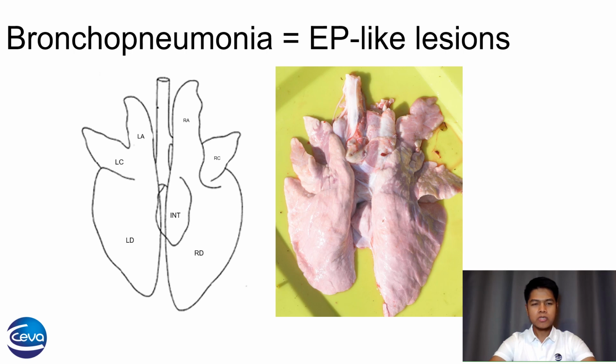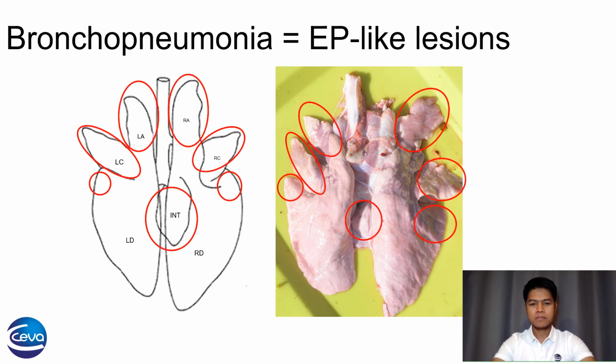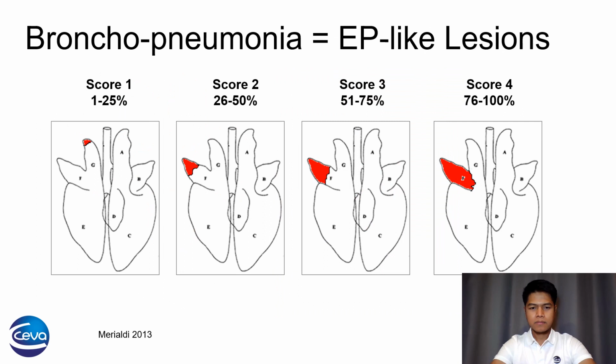This photo shows the different parts of the lungs to be considered in scoring bronchopneumonia. This is an illustration on how to score bronchopneumonia lesions using the modified MADEC scoring. The score ranges from 0 to 4, with 0 having no lesion and 4 having 75 to 100%.